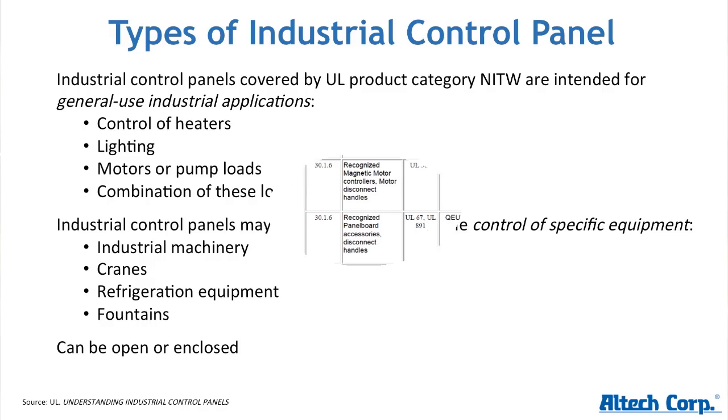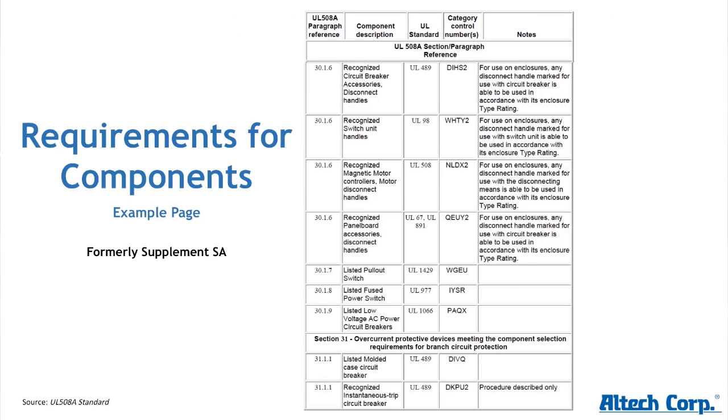So now if we go to the next slide, we will see that essentially UL 508A is the user manual of how to build a 508A panel. So it outlines various installation instructions, and it outlines obviously what components you should be using.